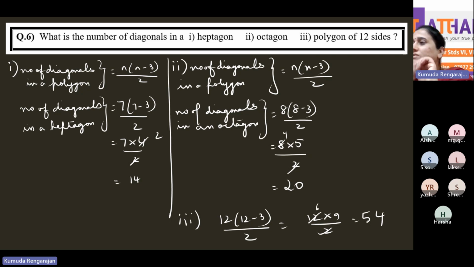So what is the value of n we substitute? N is the number of sides or the number of angles.